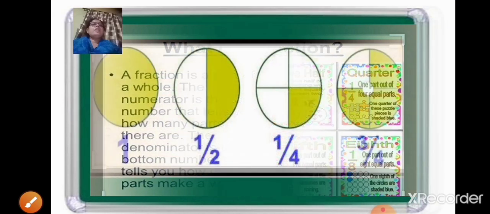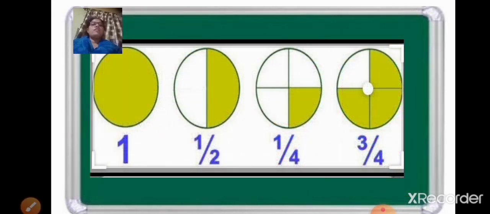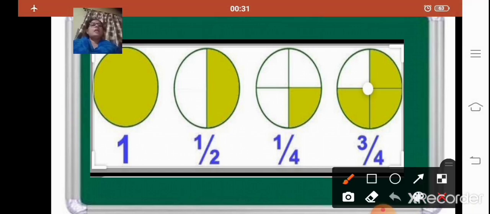Now in this figure you can see the first figure is of a whole, that is 1. In the second figure, the whole is divided into 2 equal parts, so your denominator is 2 and one part is colored or taken, so the fraction is written as 1/2.